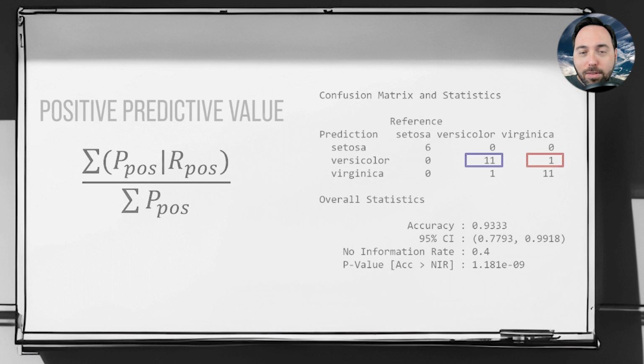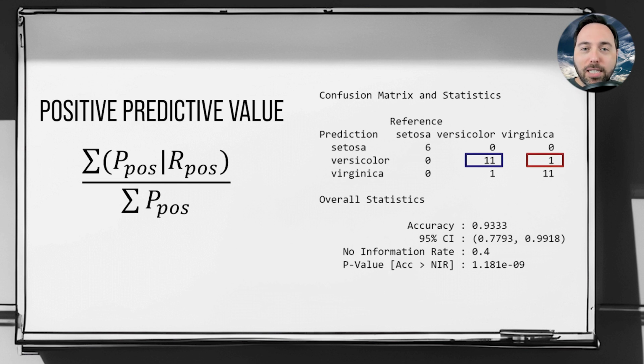The next measure that we're going to look at is positive predictive value, which is something that we do per class. The numerator is the sum of the times we predicted a specific outcome and that outcome actually happened, or in other words, the sum of predicted values of versicolor given a reference value of versicolor.